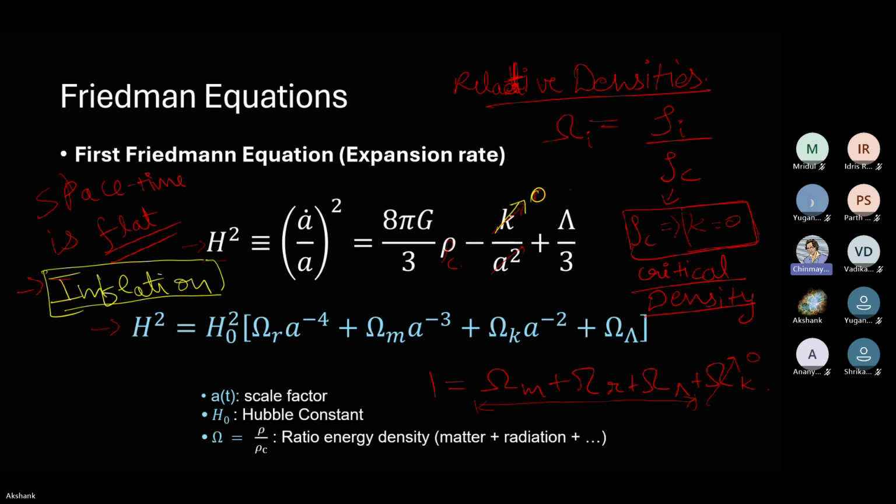Yeah, there is one more question on the chat. From Vadika: how come the expansion of universe and moving of galaxies indicate a spherical universe, but apparently k equals 0? Okay. So your second half of the question I could not hear properly. Can you repeat?